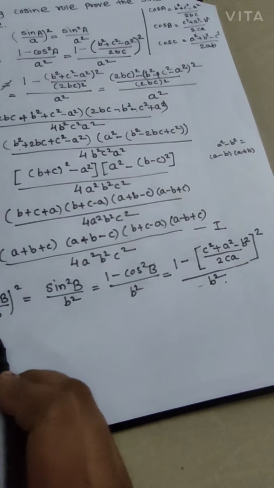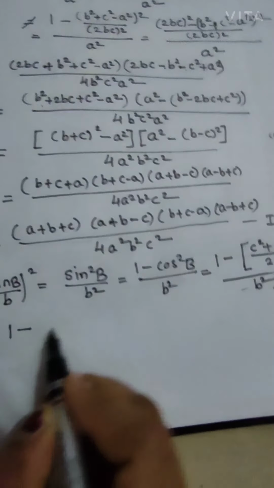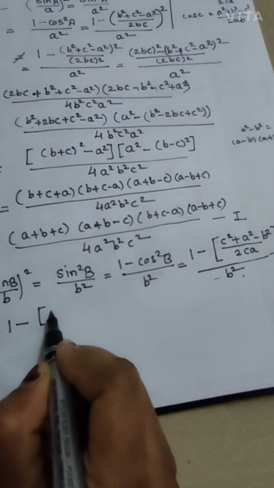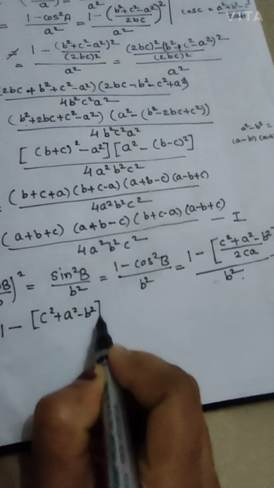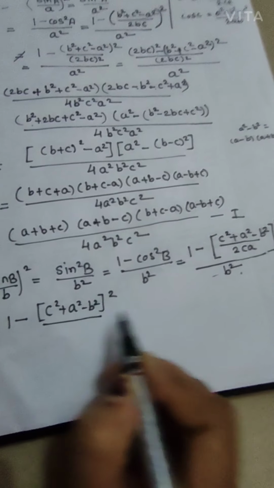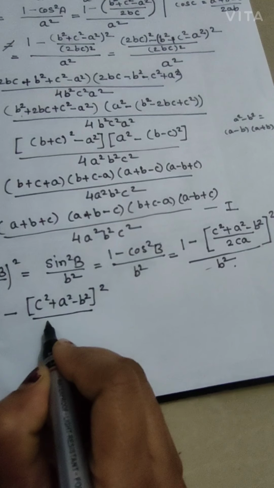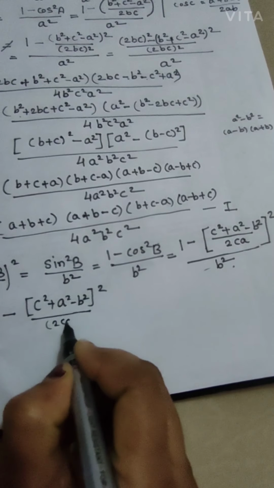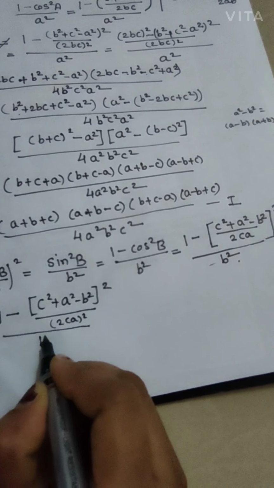By separation of numerator and denominator, (c square plus a square minus b square) whole square upon 2 square c square a square, means in bracket (2ca) whole square, over b square.